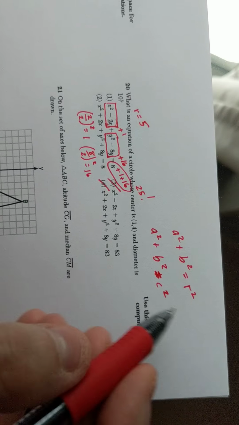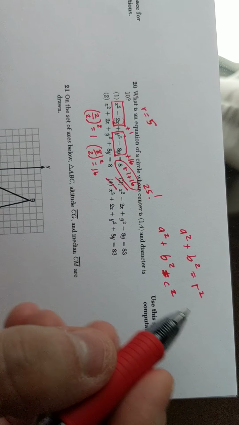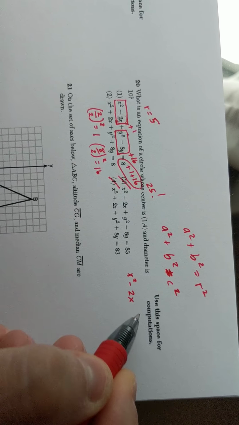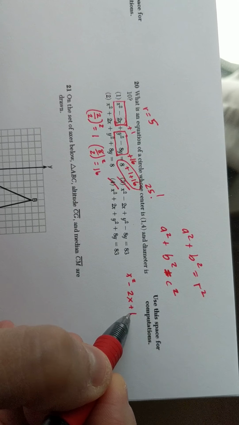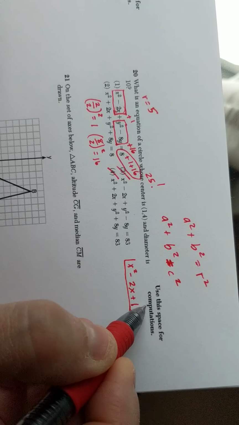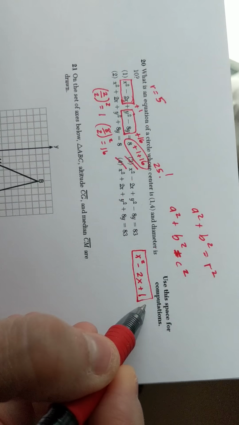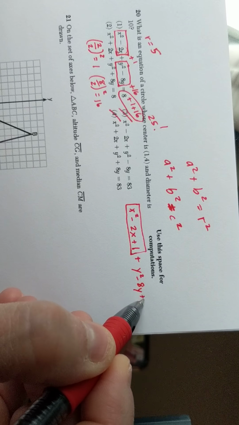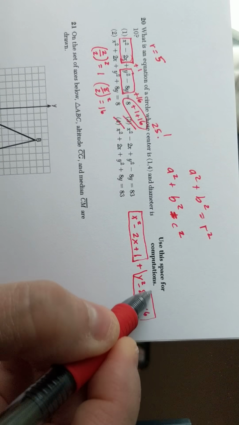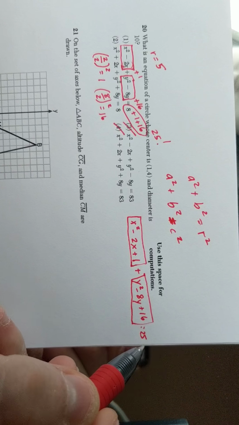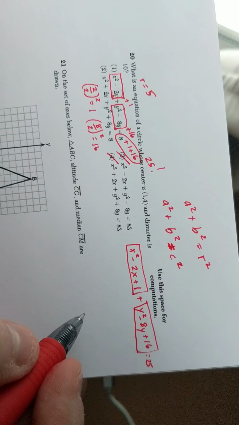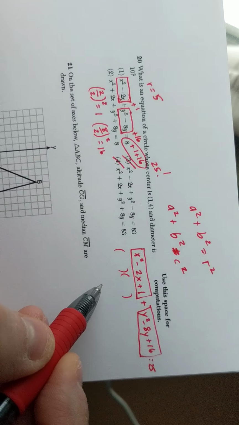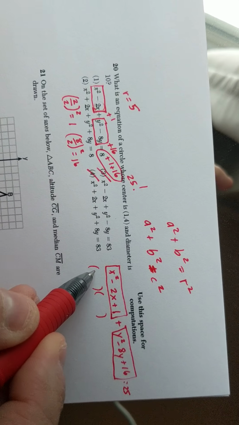All right, so let's continue. So when I take x squared minus 2x, and I add 1 plus 1, put a rectangle around that. It's good to kind of isolate these, but it continues on, plus y squared minus 8y plus 16 equals 25. Okay. We're going to factor this. Oh boy. So we haven't done a whole lot of factoring. It's been a while.